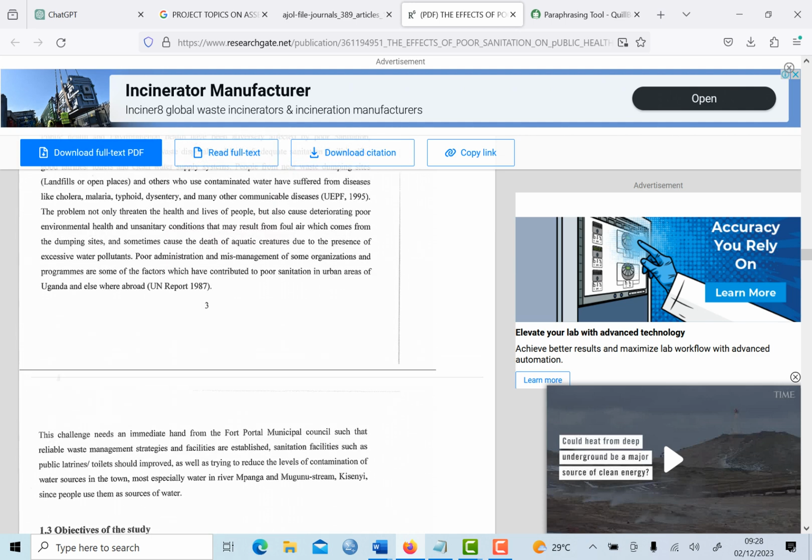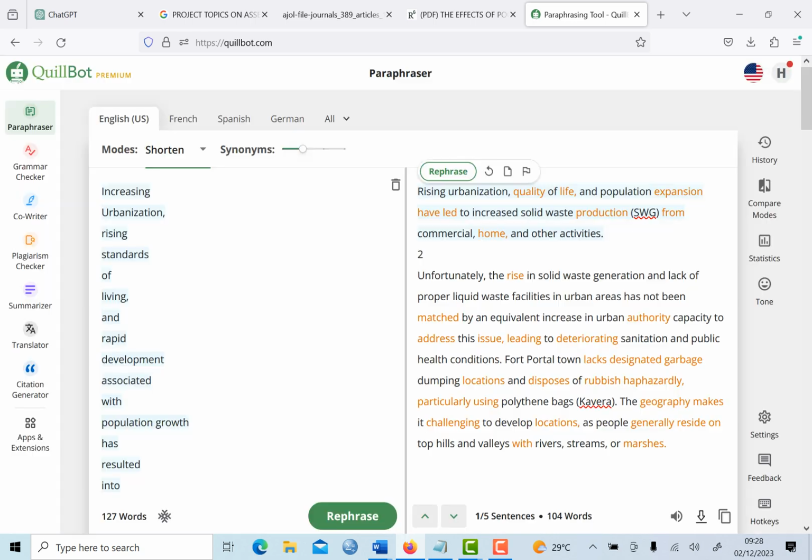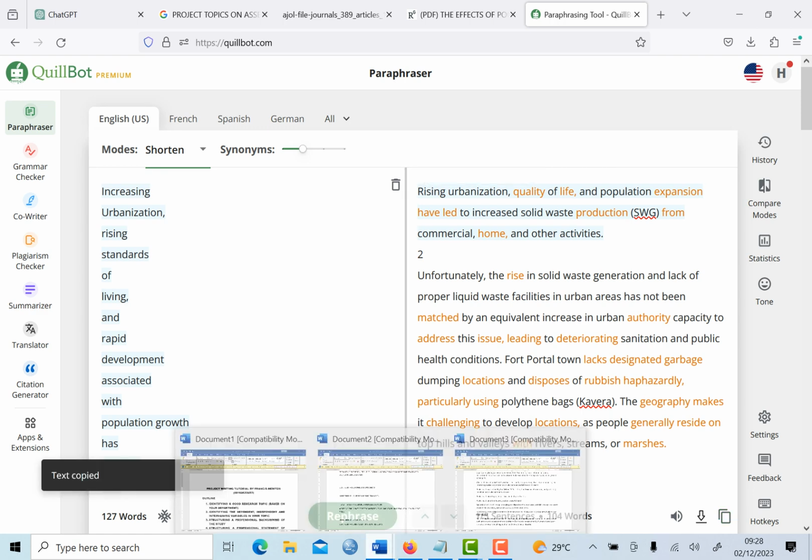Am I communicating? So let's check our paraphrasing and see the extent it has gotten. I think it's good. So pick it and paste.